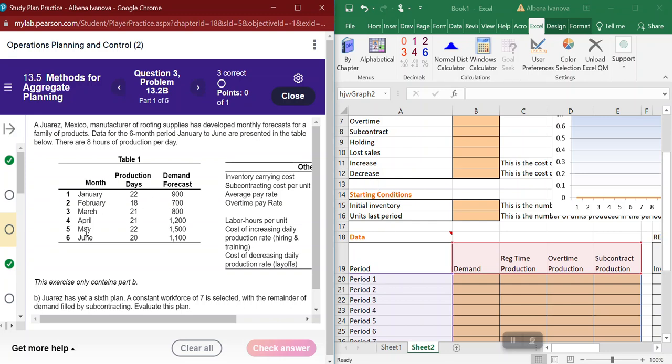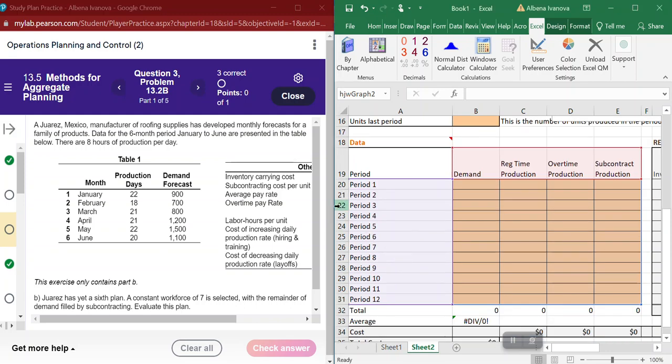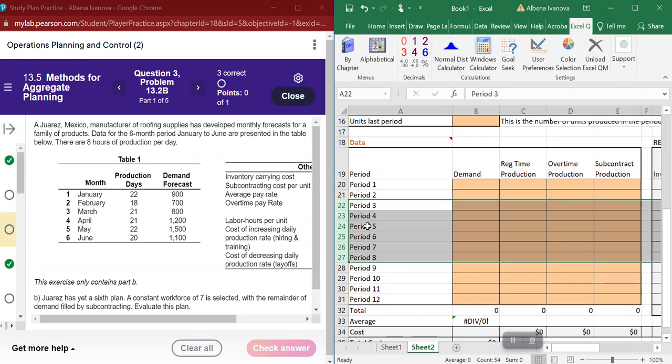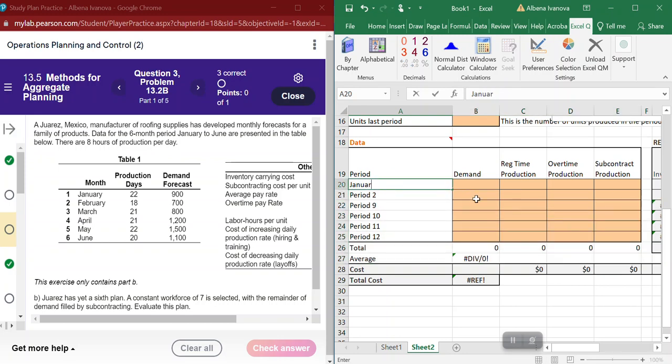So first I see that I have 6 periods here listed, so all I will do is just delete 6 periods. I delete the columns, the rows, and I'm going to put the names of the months.